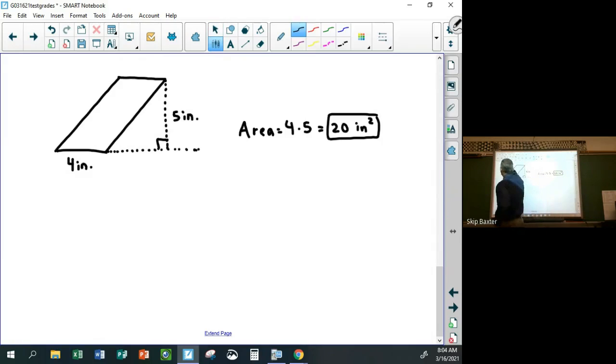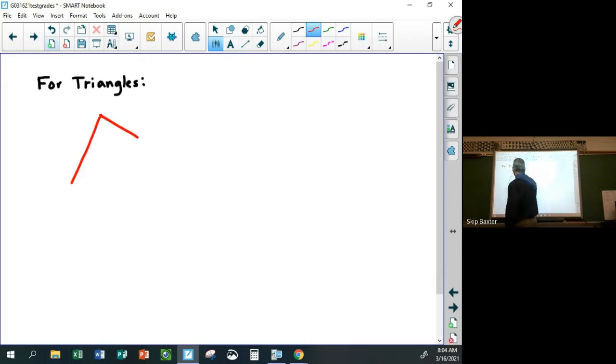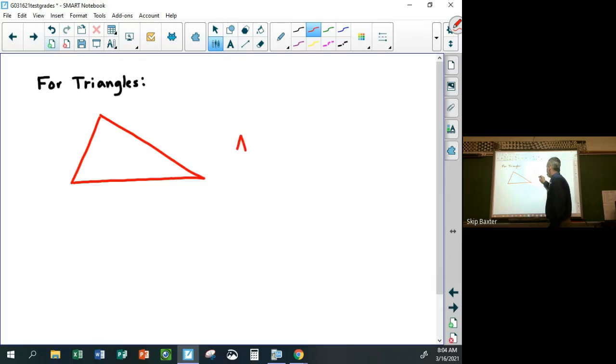The next thing then is area of a triangle. Triangles. If I have a triangle, looks like this, for example, the area is 1/2 base times height.